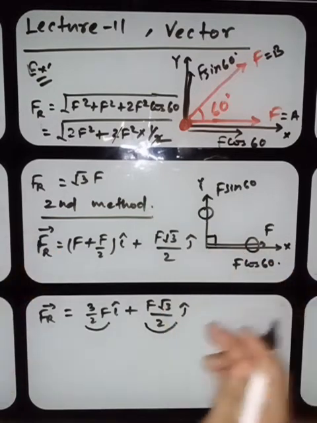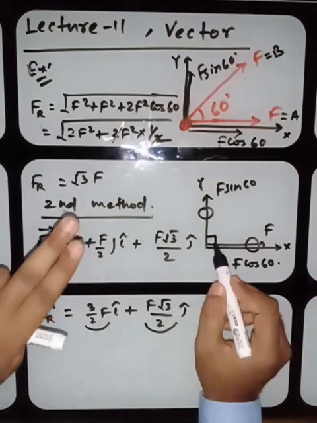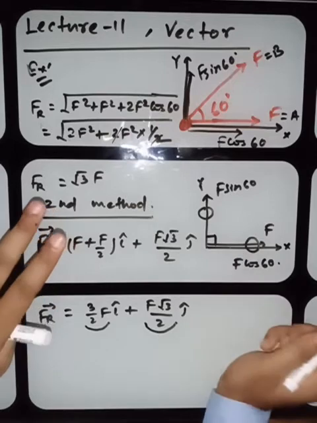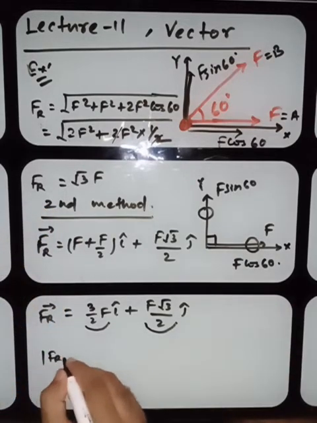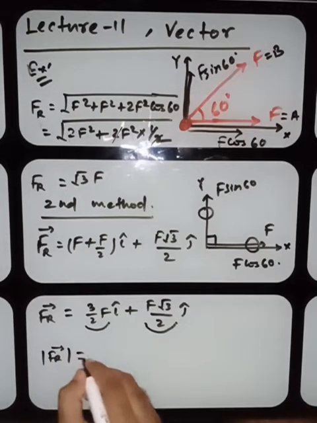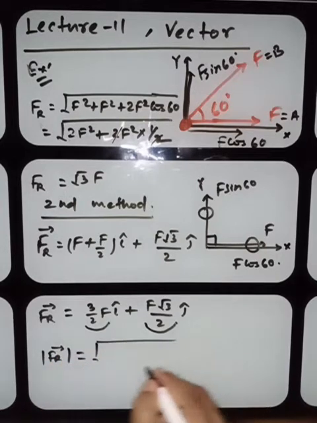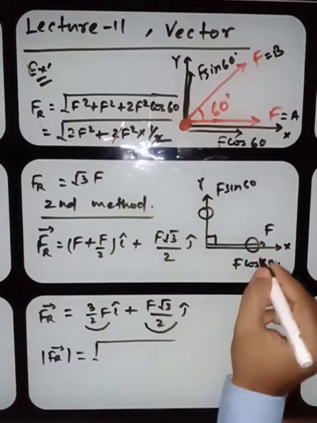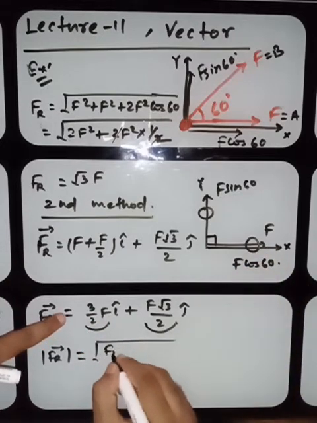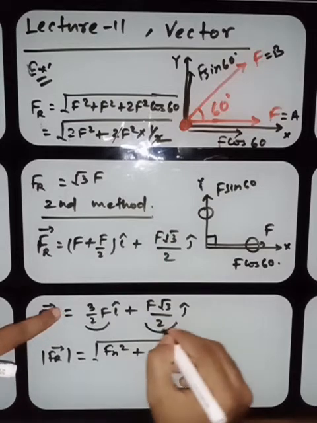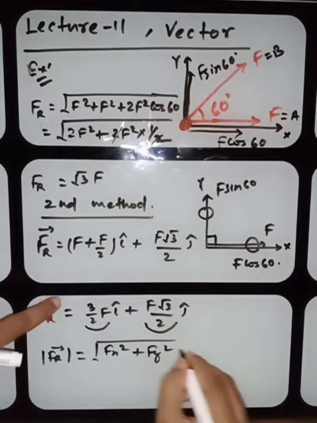It's very clear. And if two forces are perpendicular to each other, then we know the formula of magnitude. Mod of Fr, my dear student, can be written as root under Fx square plus Fy square.